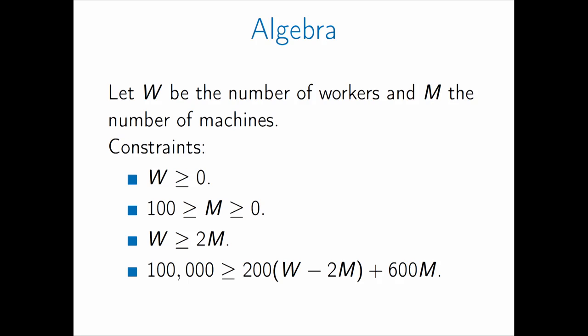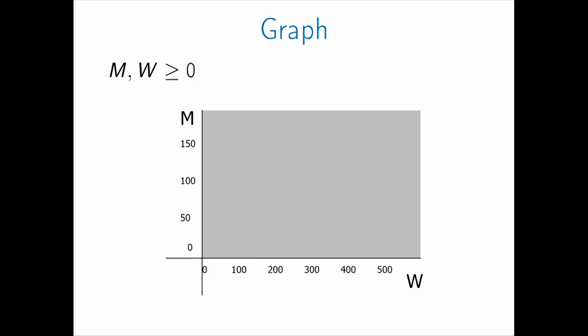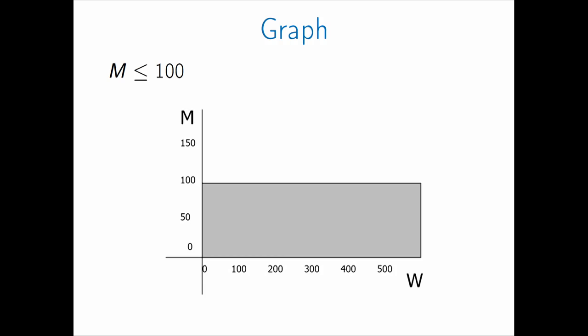Now, we can try and graph these constraints. So here we've got a plane of possible values of M and W that satisfy these constraints. Now, if we're just starting where M and W both need to be non-negative, we have this quadrant as the allowable values. But when we require that M needs to be at most 100, we're reduced to being in this strip here.